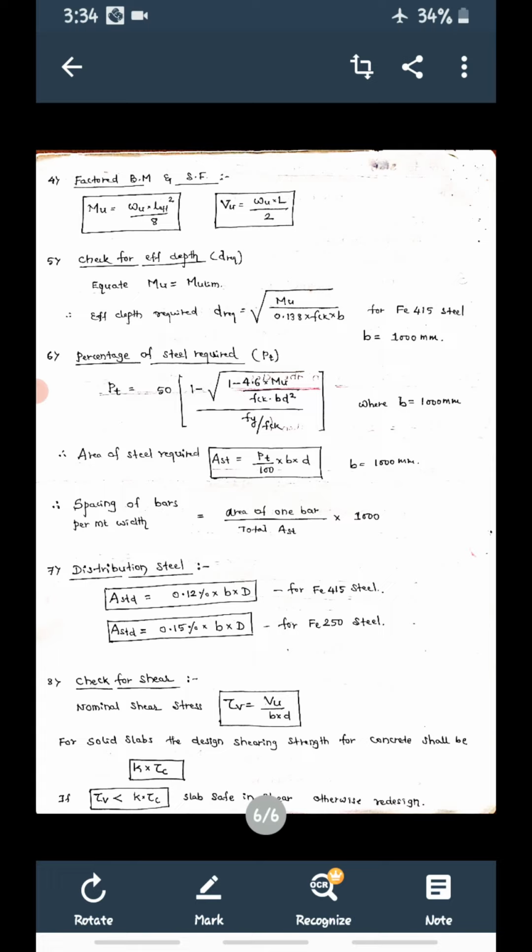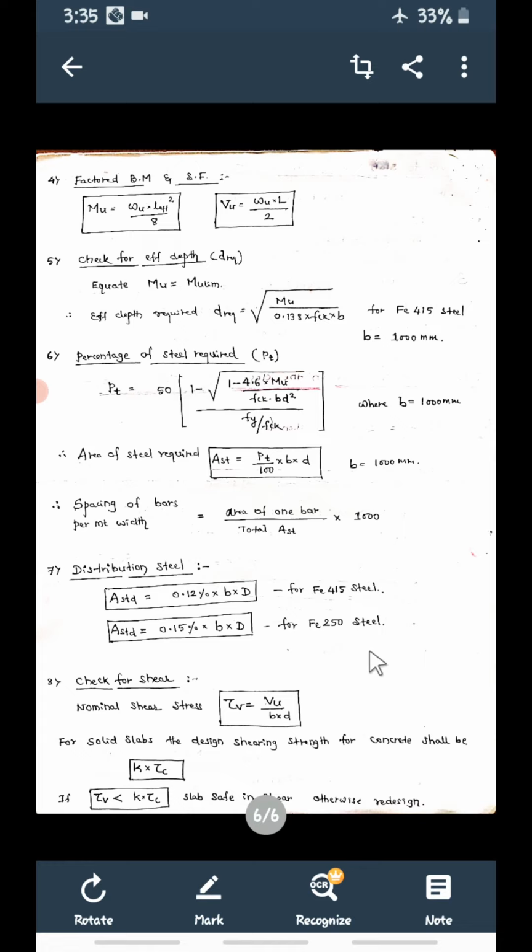Then the span by effective depth ratio, that value 20, you have to multiply with the modification factor, or if it is a cantilever slab, it is 6 multiplied with the modification factor. Like this we design the slab. Remember, main reinforcement is along the shorter span and distribution steel along the longer span. Always provide the main reinforcement first, and over that provide the distribution steel. Keep that in mind.